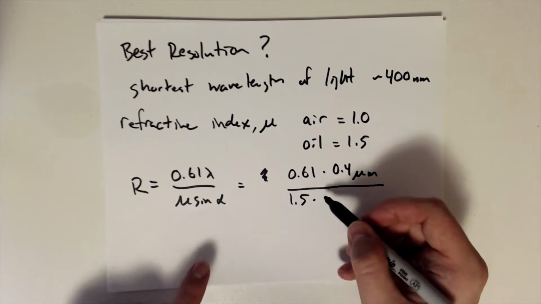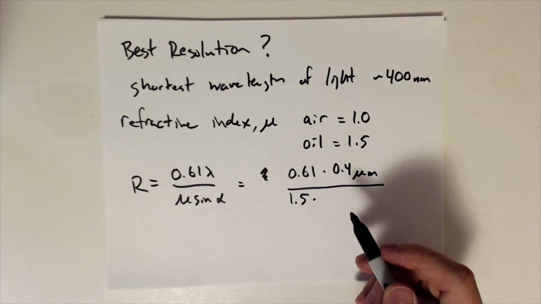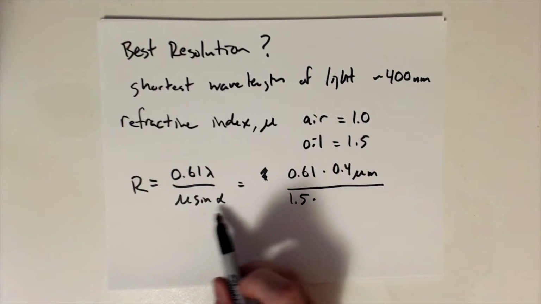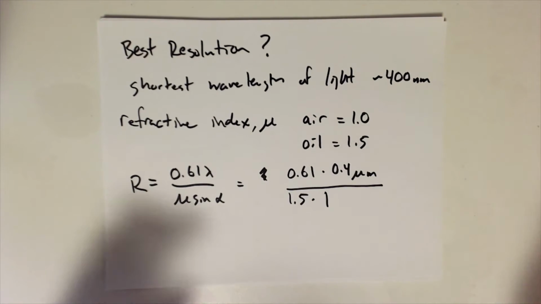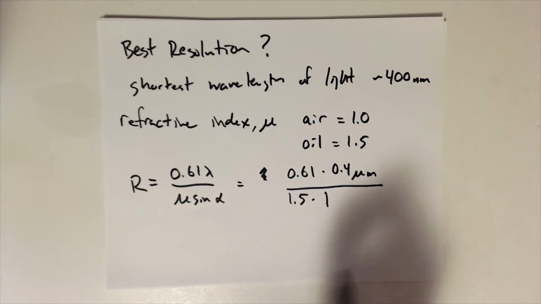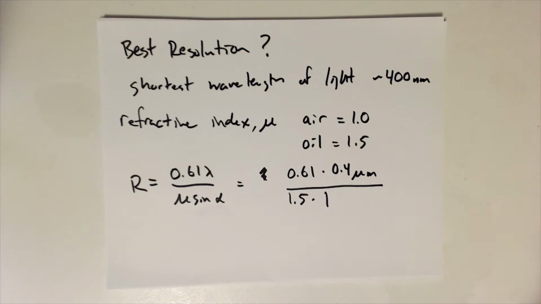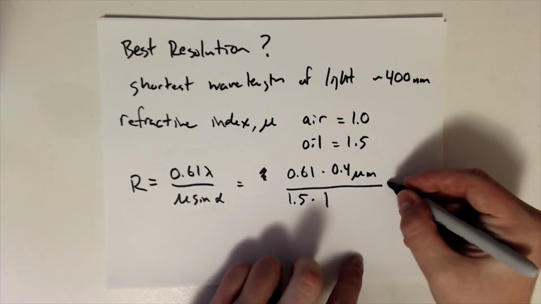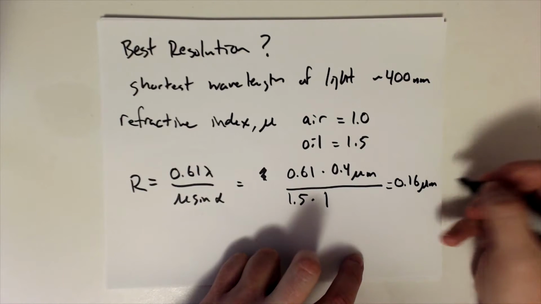And I didn't give you any values for the aperture angle, mostly because what we're going to do here is maximize the sine expression, right? It can only reach a maximum, and that maximum is 1. So even without knowing anything about aperture angle, we know that the maximum is going to be 1 here. So for now, that's just going to be our approximation. So plugging all this in, we're going to get 0.16 micrometers or microns.